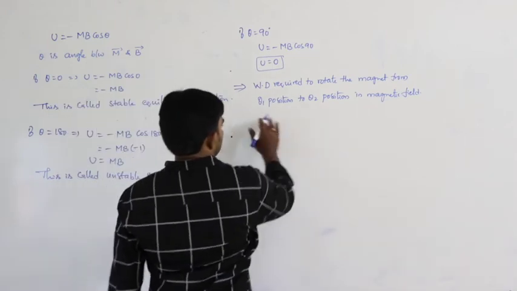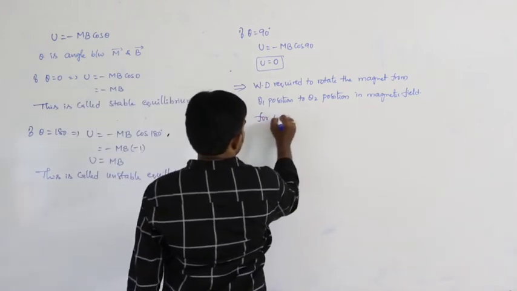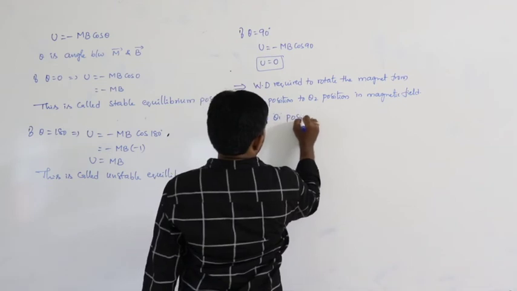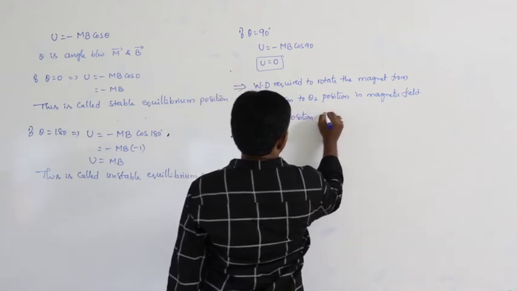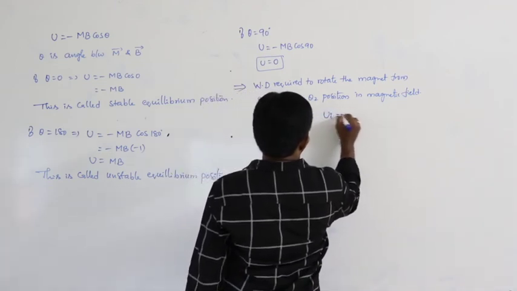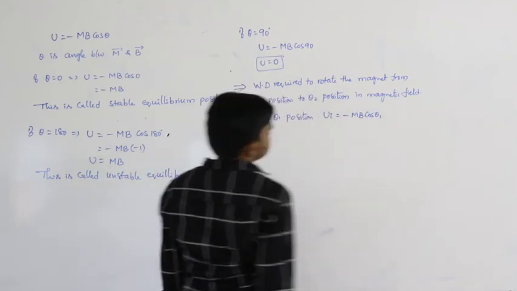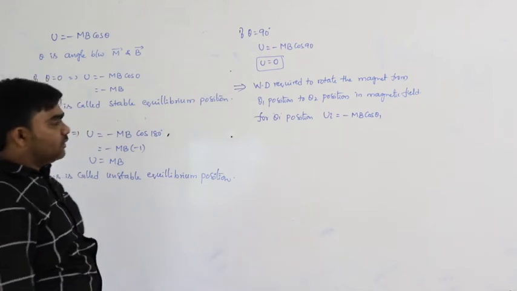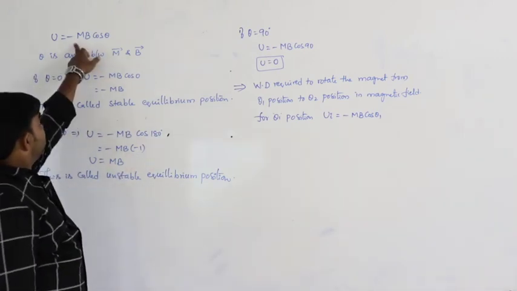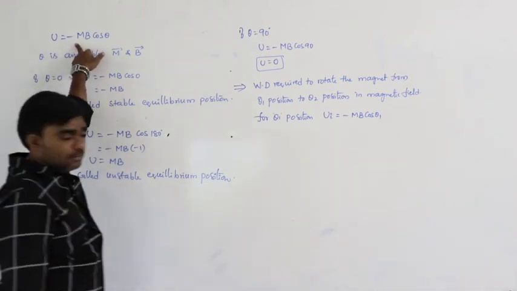For the theta 1 position, let us say the initial energy is equal to minus mB cos theta 1, using the formula U equals minus mB cos theta.